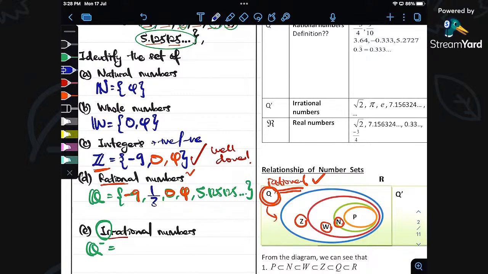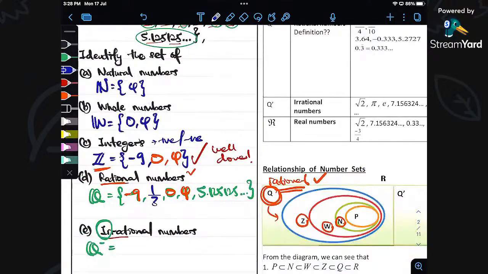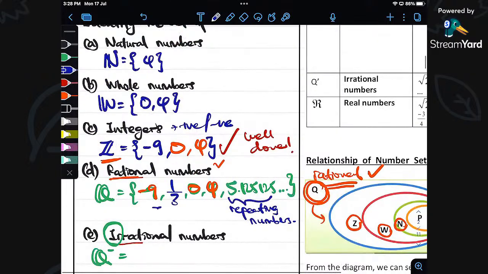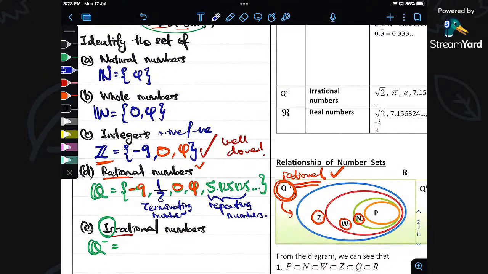So namanya adalah repeating. This is called repeating numbers, while this one is called terminating numbers. So apa yang dimaksudkan dengan terminating numbers? 1/3 is actually repeating.